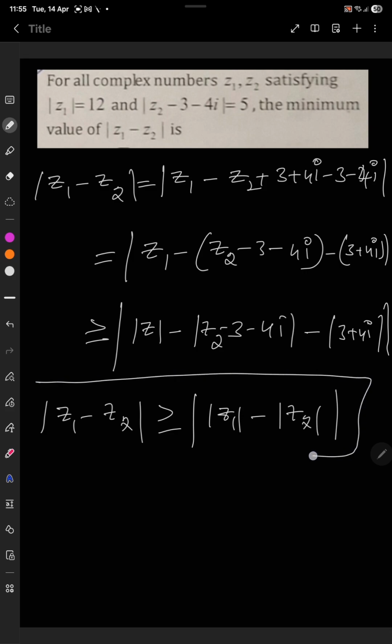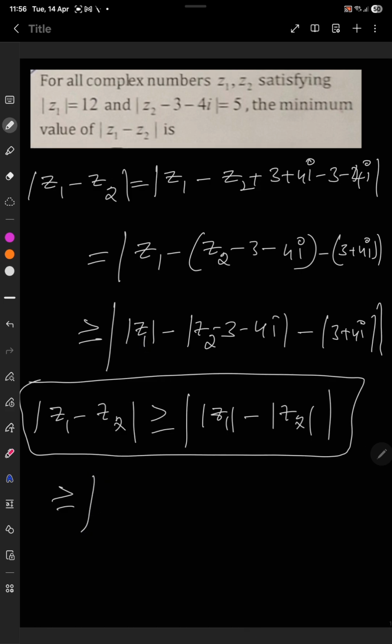We use this formula in this problem. So given that mod of z1 is 12 minus mod of z2 minus 3 minus 4i is 5, and mod of 3 plus 4i, that is root of 9 plus 16, 25, that is 5, is greater than or equal to 2. So therefore the minimum value is 2.